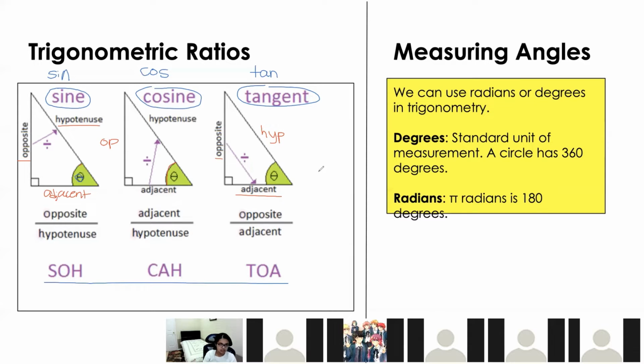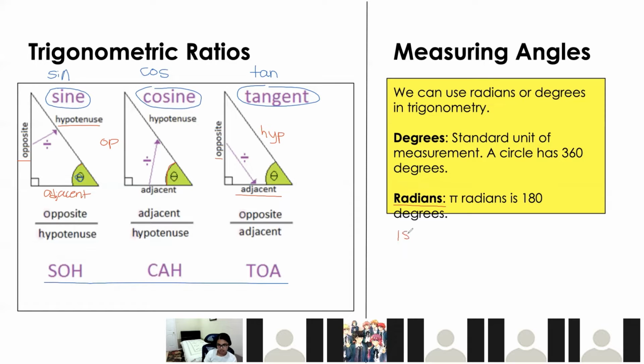It's just basic trig. So over here, this is just some different ways that angles might come up in math competitions. So you've probably all seen degrees. It's usually what we use in school, but radians are something different. So we can say that pi radians is 180 degrees.